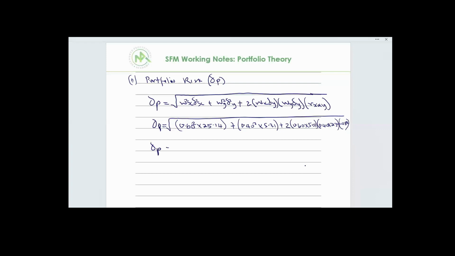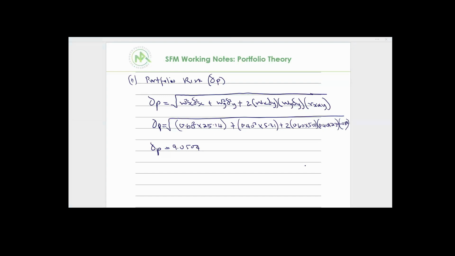So the risk of the portfolio will then be equal to, bring out your calculator, 0.6 square, then multiply by 25.14, equal to 9.0504.